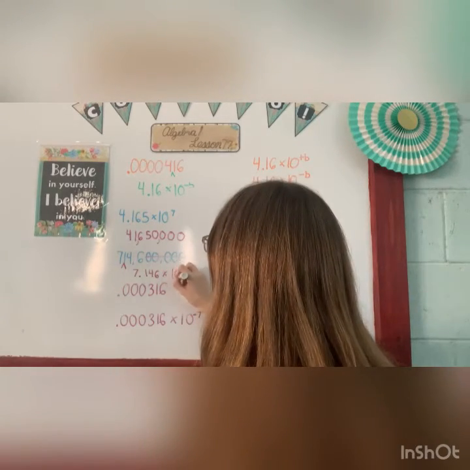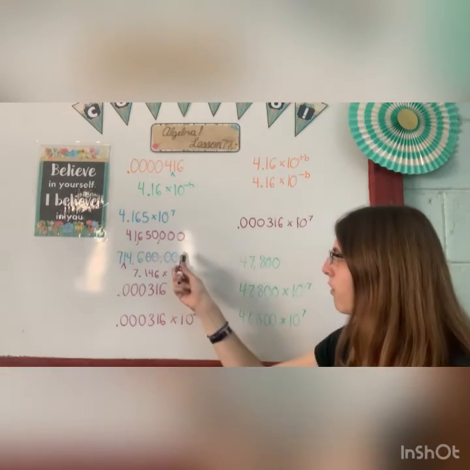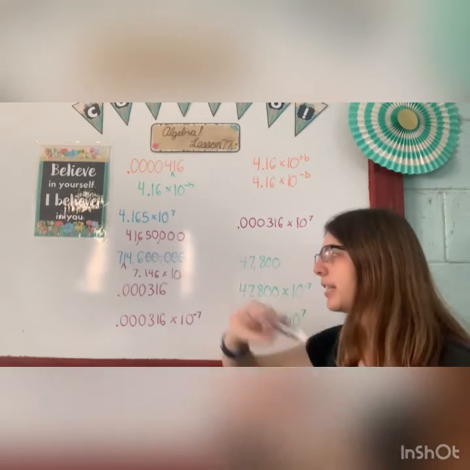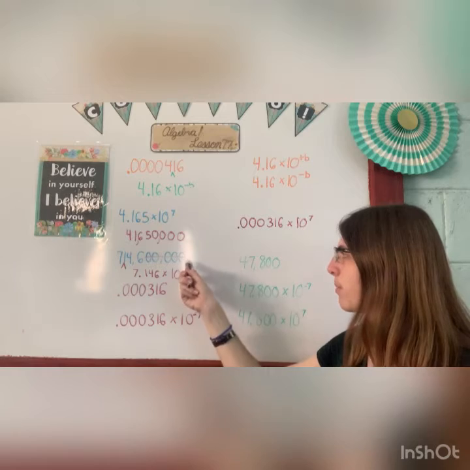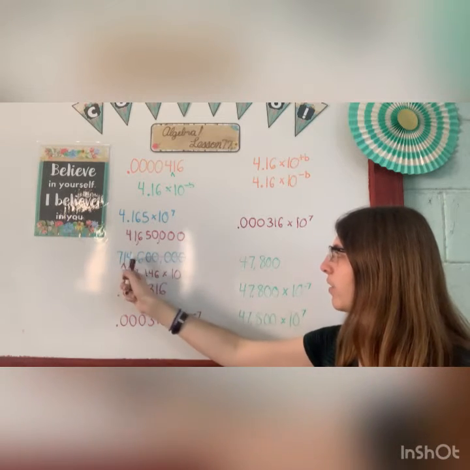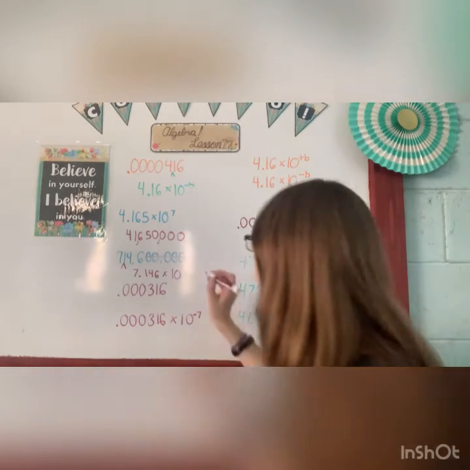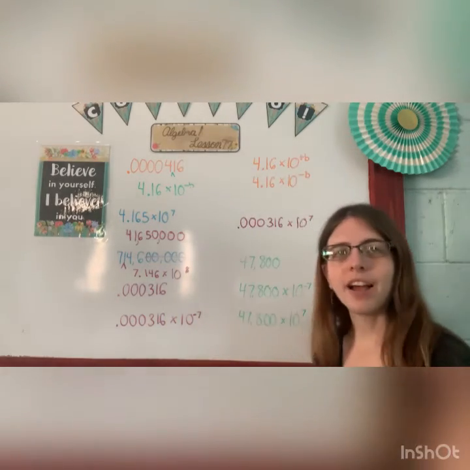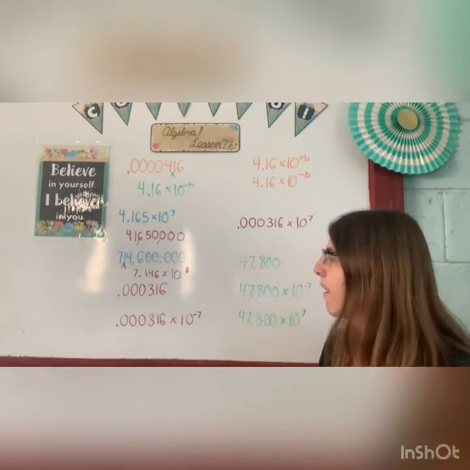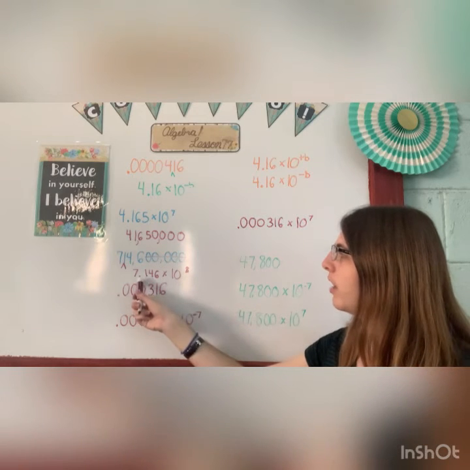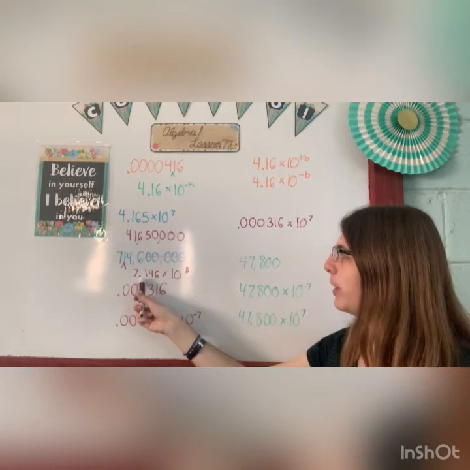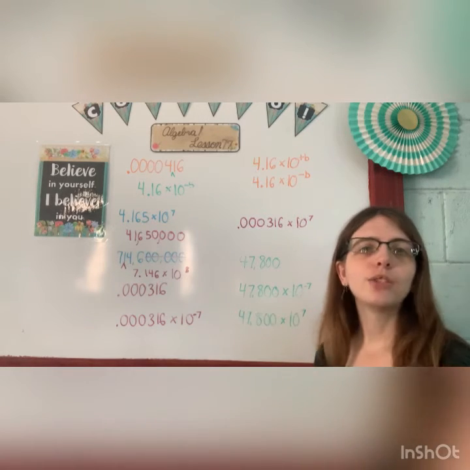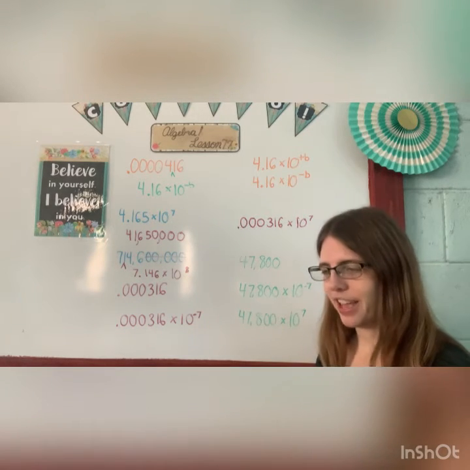Times 10 to the, well, I have 1, 2, 3, 4, 5, 6, 7, 8 places that I moved it. I moved it from here all the way to here. Now I have to decide, should my exponent be positive or negative? Well, this real decimal point belongs 8 places to the right. So I leave it as positive.